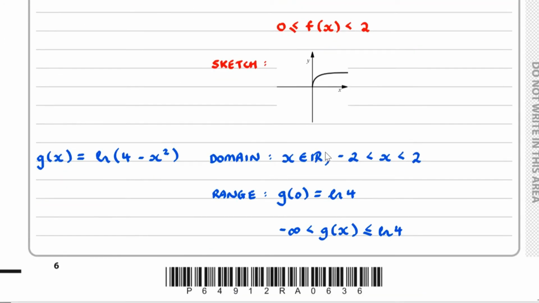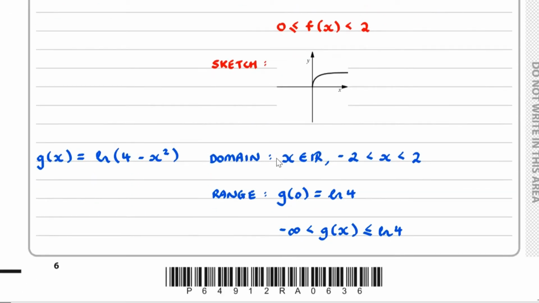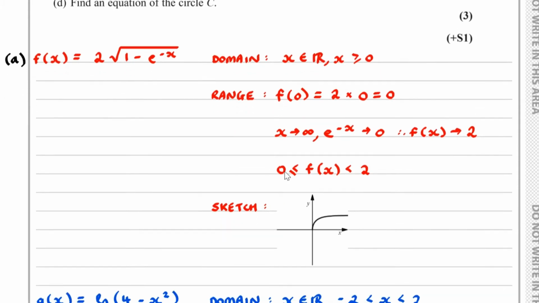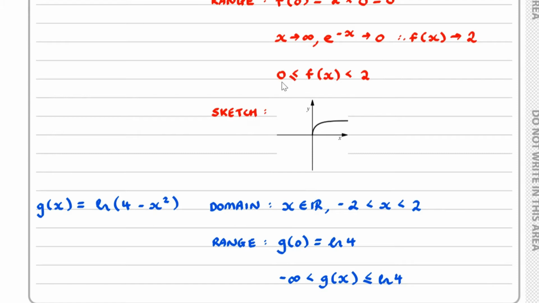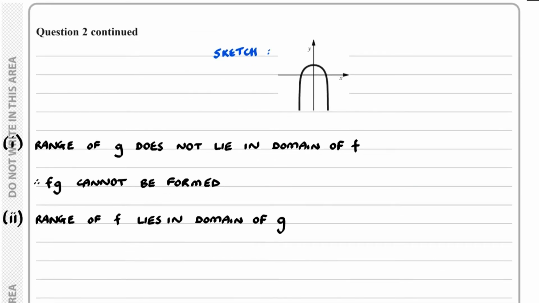Now, if we take a look at the range of f, which is from 0 up to 2, and if we look at the domain of g, which is between -2 and 2, we can substitute in any value between 0 and 2 into g, which means the range of f lies in the domain of g, so g of f can be formed.